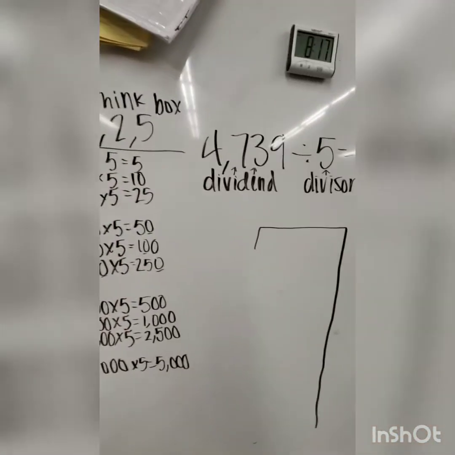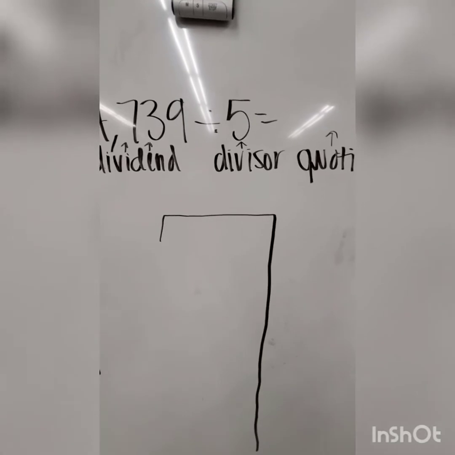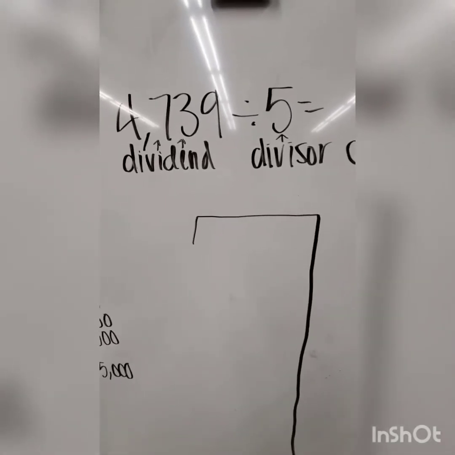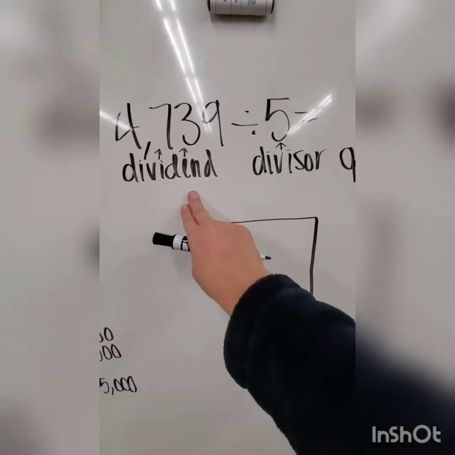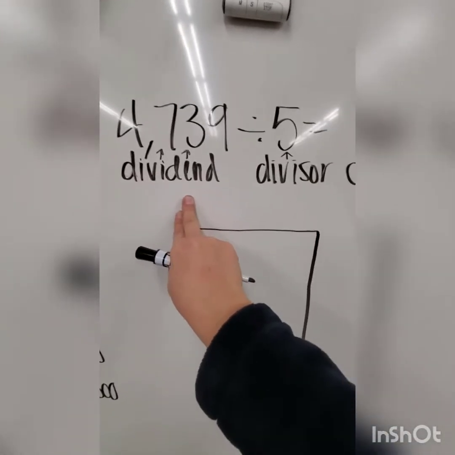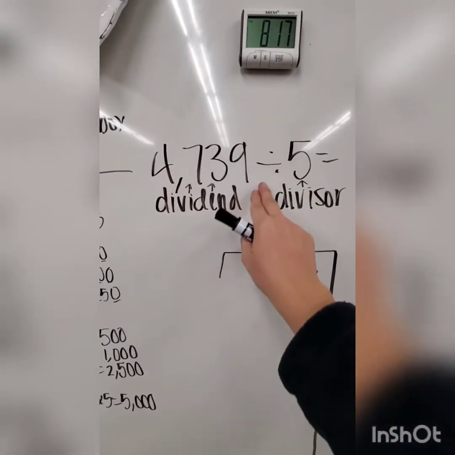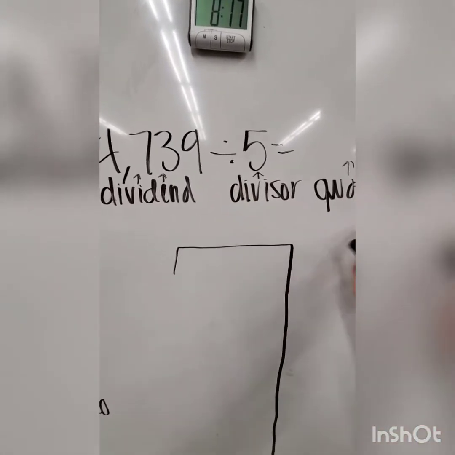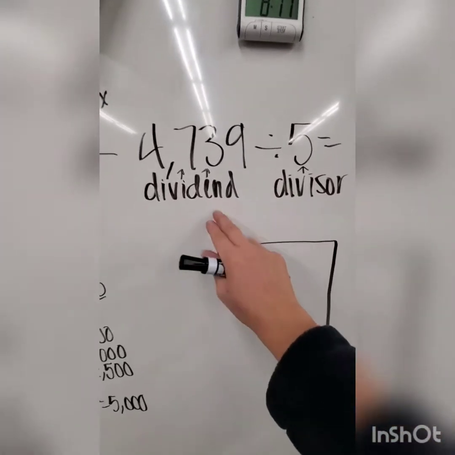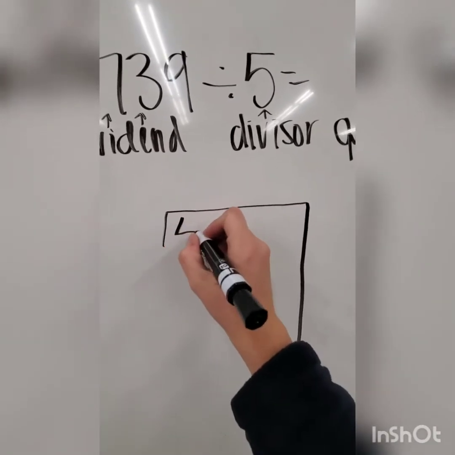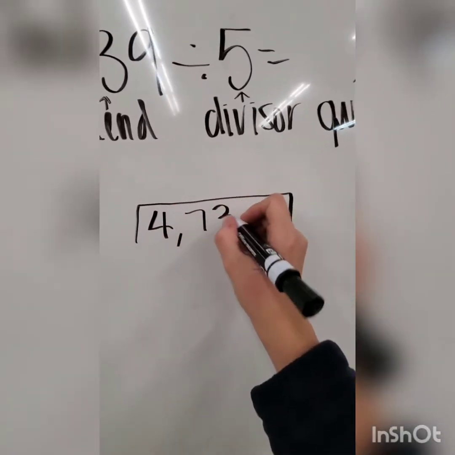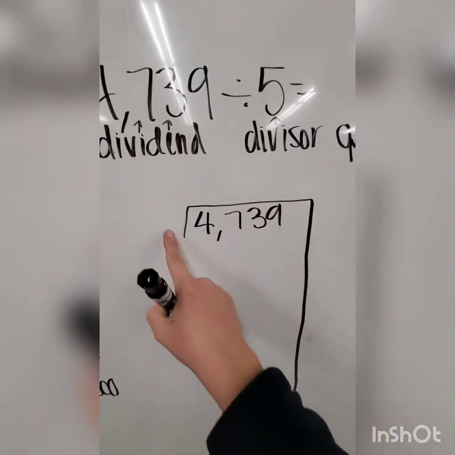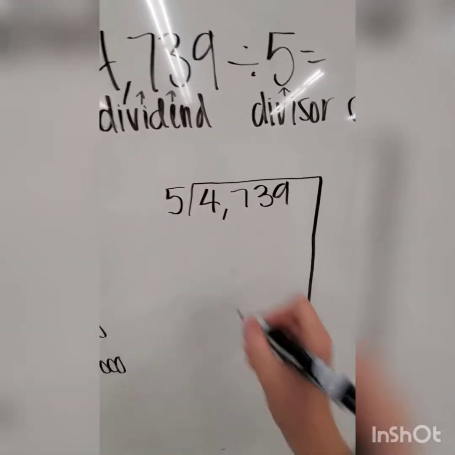So now the next step would be to write my dividend and my divisor. The dividend is always, I call it the large group, because we take a large group and then we divide it or we split it into equal, smaller groups. So we have our large number, or our dividend, which is 4,739, and we are going to divide it by 5.